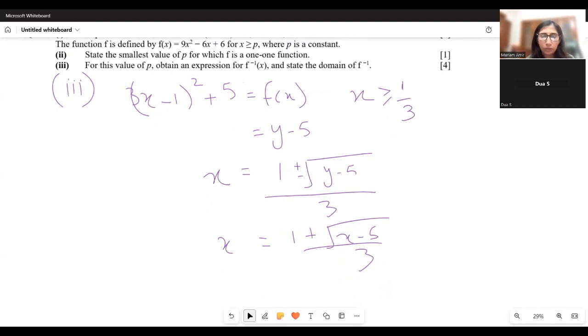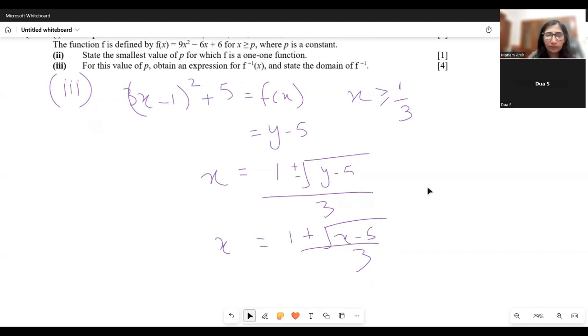It's -1. Now it should be +1. Yes, something is wrong. Just one sign is wrong. With the 1 they have written -1 instead of 1. So that's a typing mistake from my end.